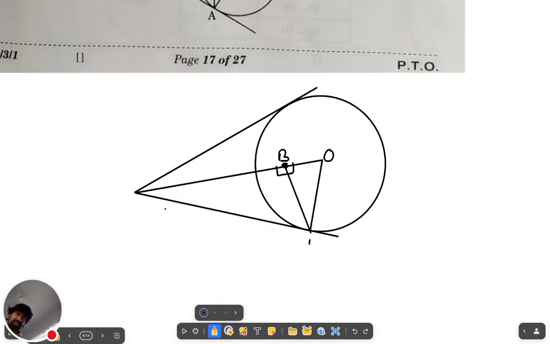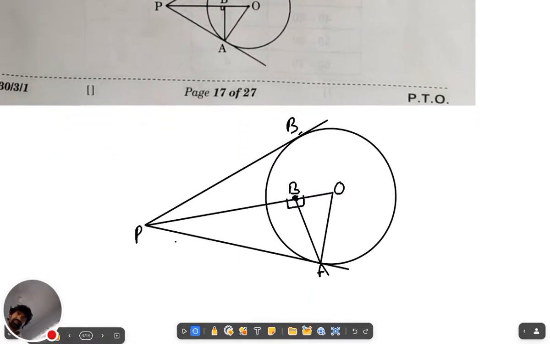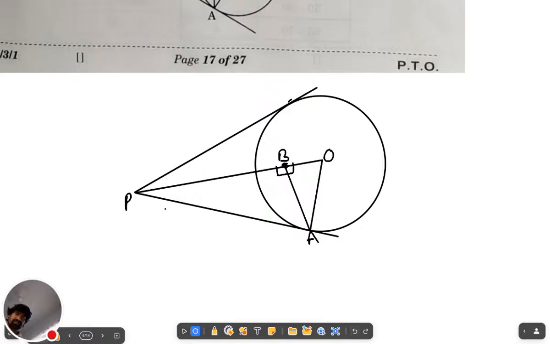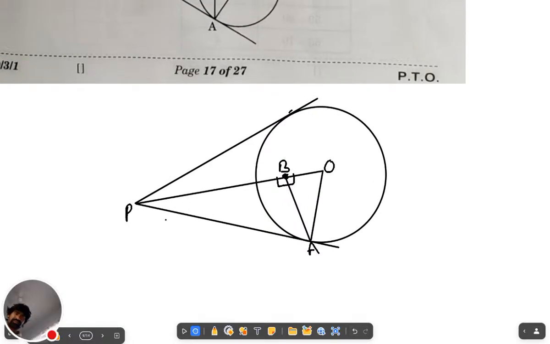So this is A and this is C. Okay. So what is given?